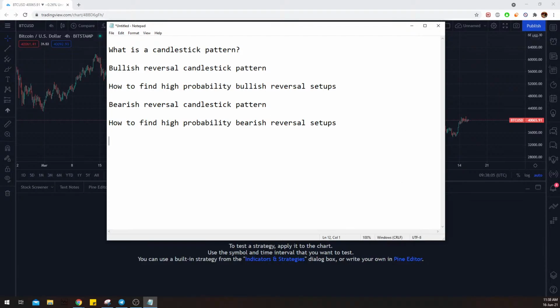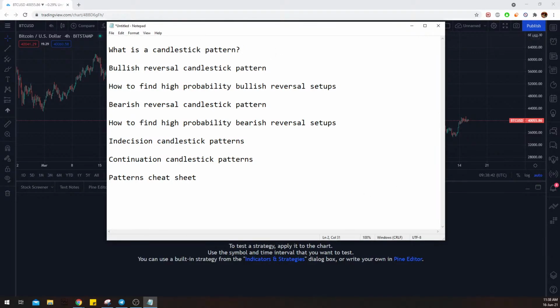At the same time, we are going to speak about indecision candlestick patterns, continuation candlestick patterns, and some guidelines, or better said, a cheat sheet. So it's going to help you in the end with memorizing all of these ones.